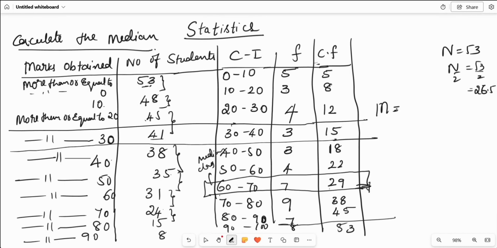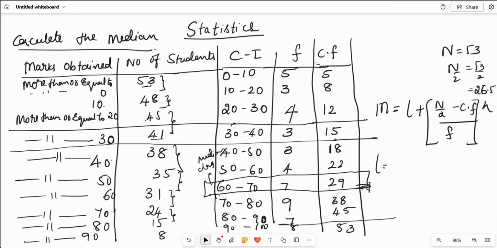Median is equal to L plus n by 2 minus CF by F into H. Now also remember, you have selected 60 to 70 as the median class. The answer will come within that. 60 to 70 only it will come.